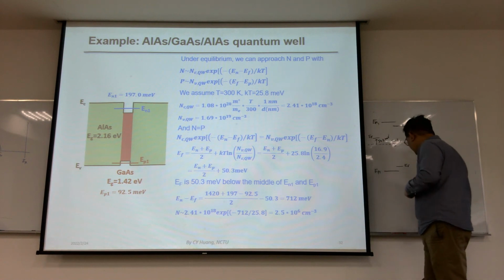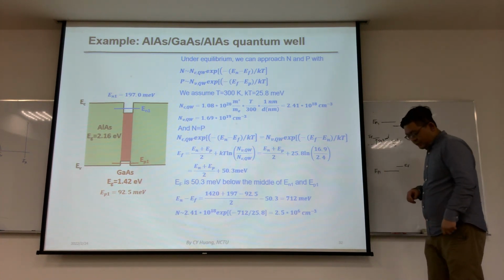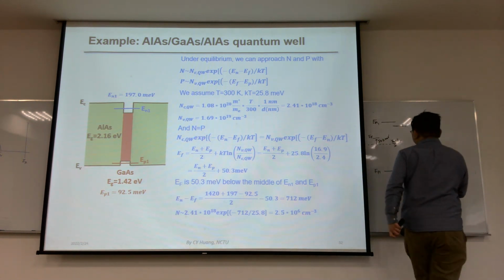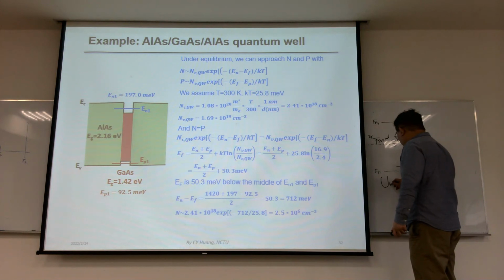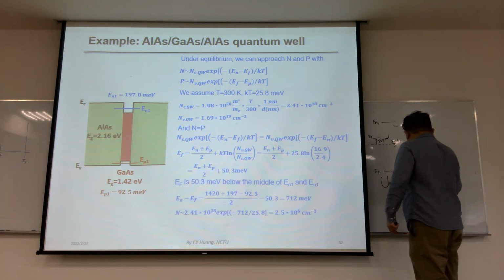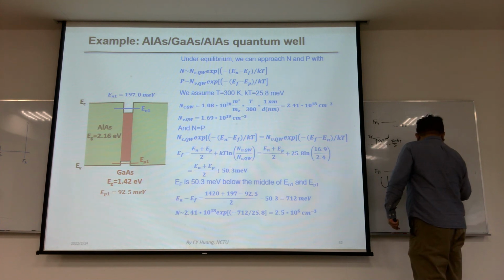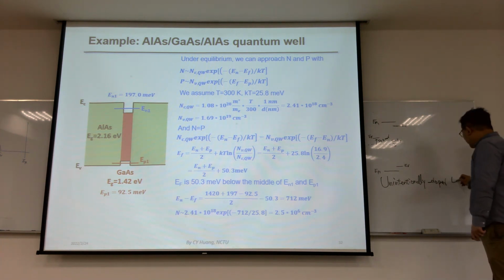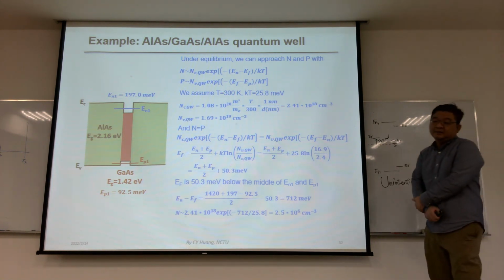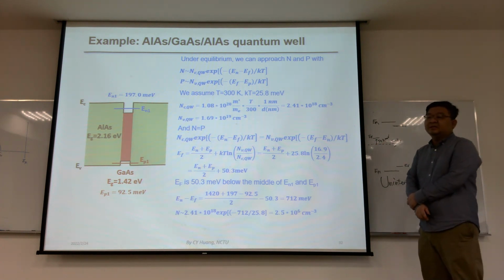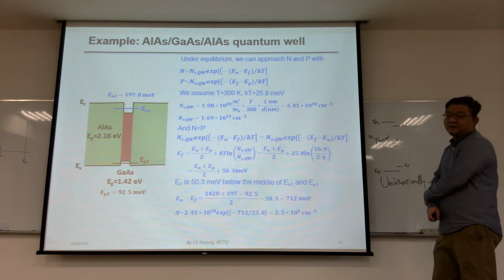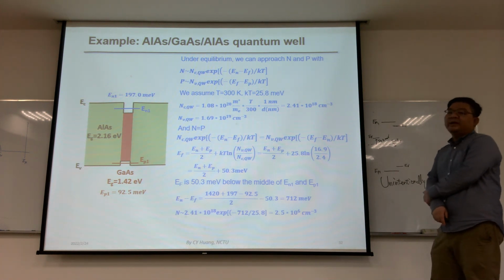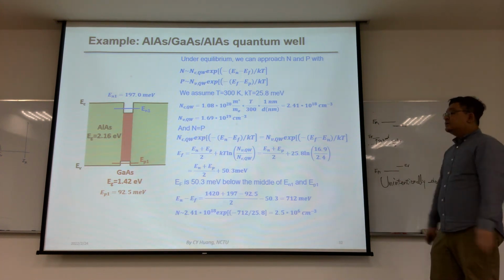It's usually called UID. Unintentional 非故意掺杂 这个 UID. That would explain why for most semiconductors, even in U-type, the carrier density is not as low as you think, because you always have some vacancy to compensate or to lower the total energy.